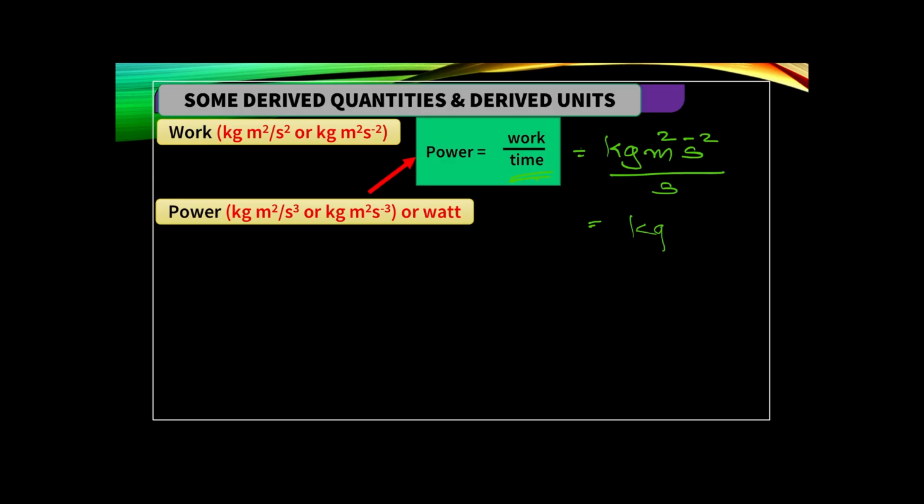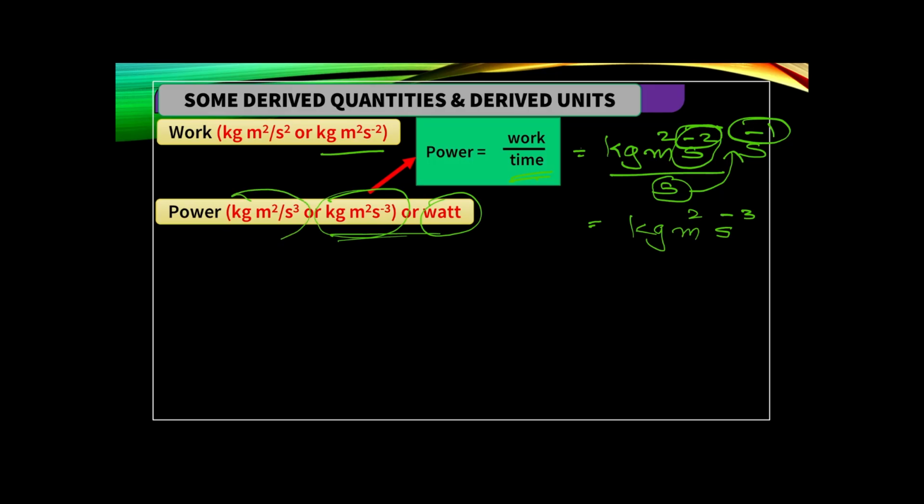It becomes kg m², this s^-2. This s, when it goes to the top, it becomes s^-1. That s^-2 and this s^-1 together, it becomes minus 2 and minus 1 becomes minus 3. So that is the unit of power, kg m² s^-3. Either this way or this way, the unit of power.